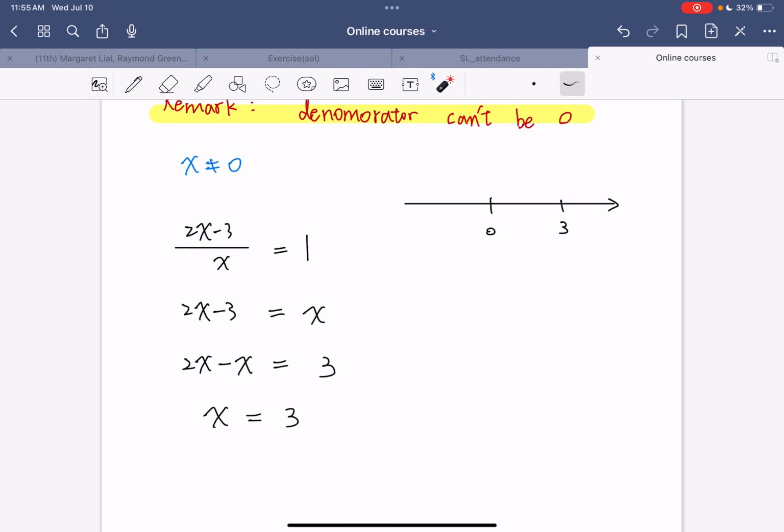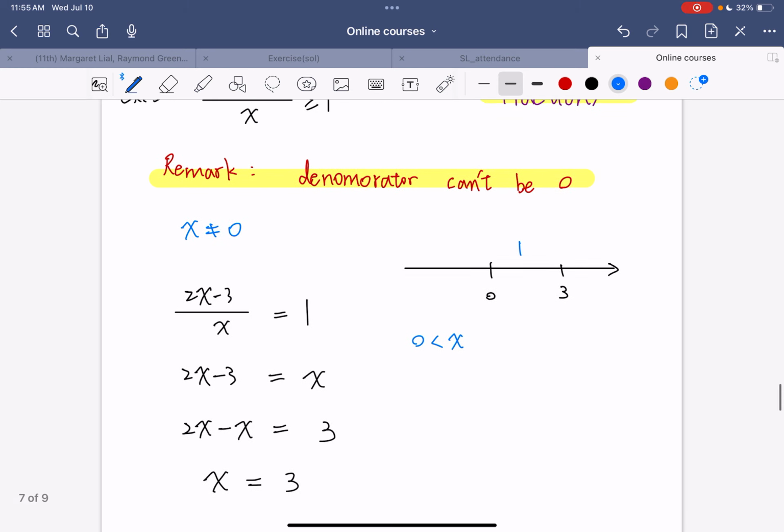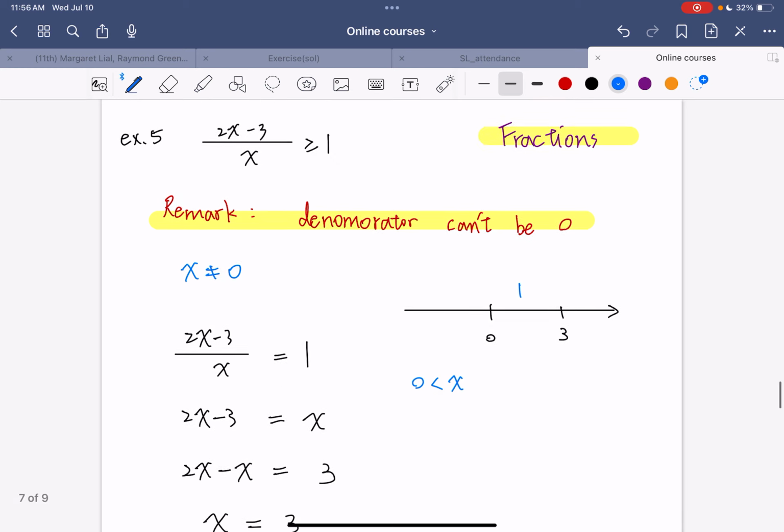Then, as always, we just pick a number from each part. Actually, we just pick the part we want to use. So I will pick 1 from this area, and then we verify this area. That would be 0 less than or equal to x. No, because x cannot be equal to 0.